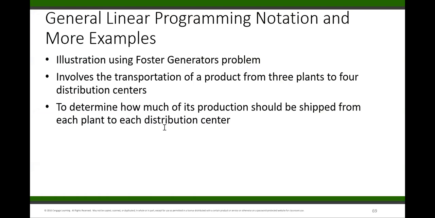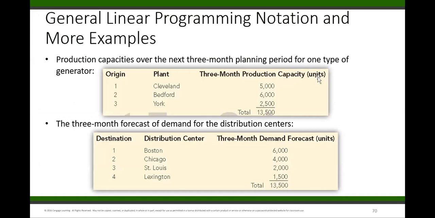And then our decision is how much of the products to be shipped from each plant to each DC, distribution center. We have the 3-month capacity of each plant, as well as the 3-month demand forecast for each one of our destinations, right? And interestingly, the total demand and supply match here.